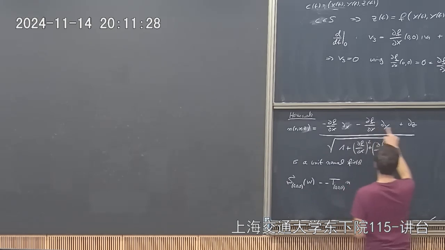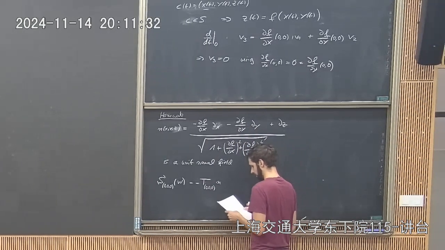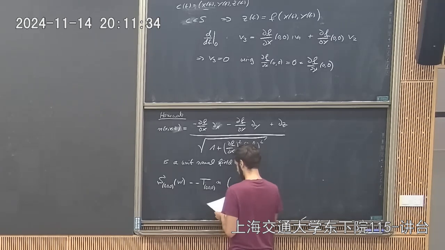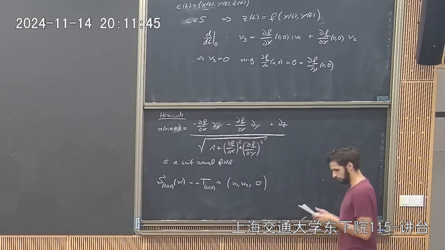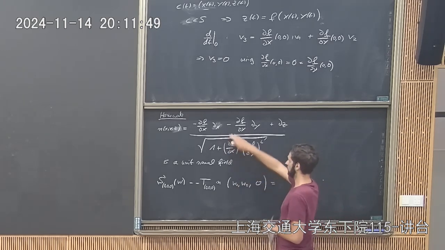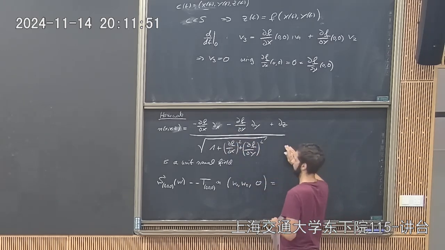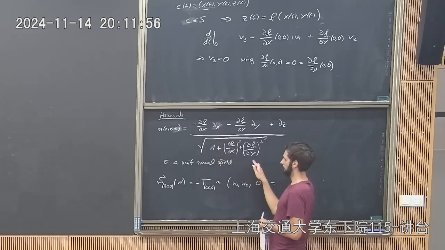So these are functions of x and y. So we have to calculate the derivative in the direction of (w1, w2, 0), because there is no third component. So what you have to do is take the derivative of these expressions that you have here in the x direction and in the y direction.